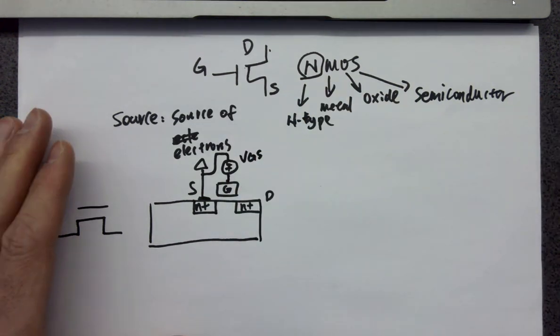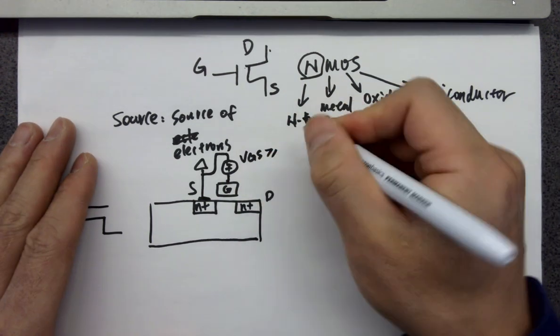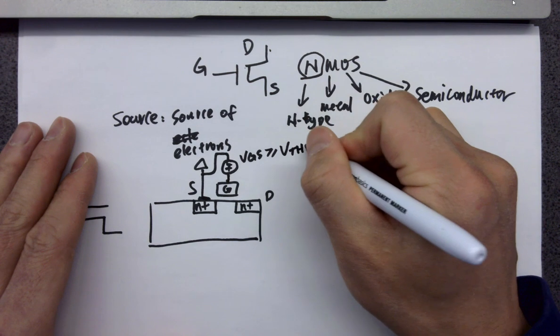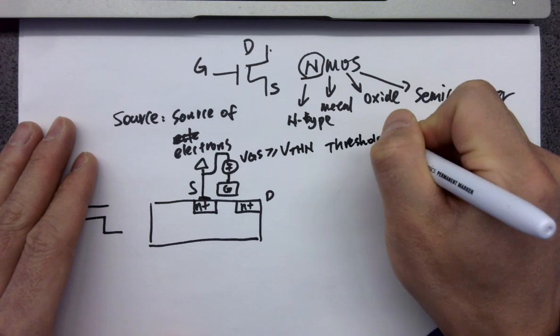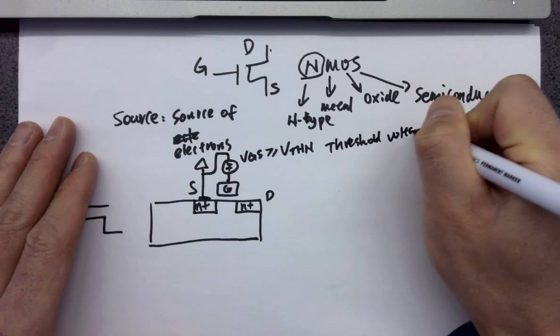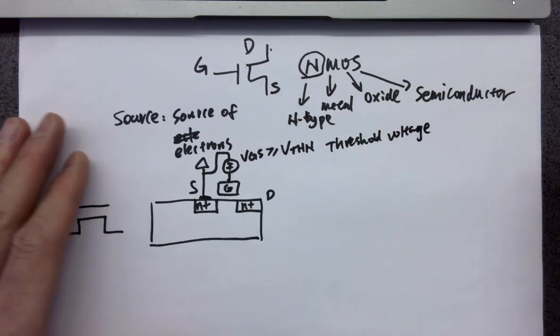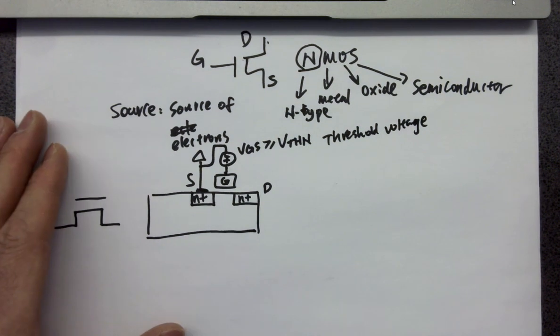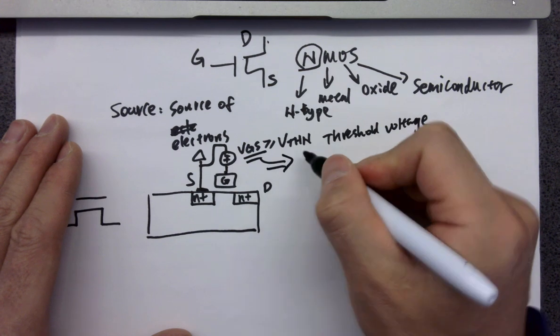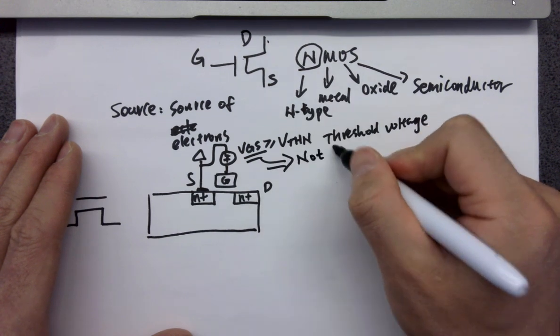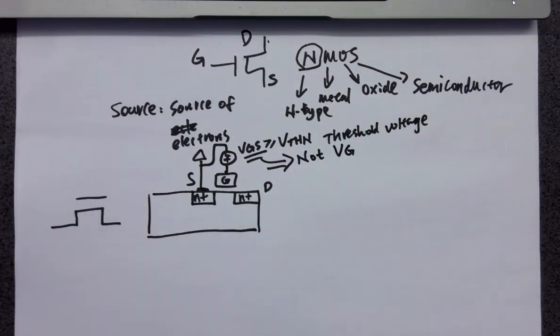Keep in mind, VGS has to be larger than VTHN, which is the threshold voltage, to turn on the NMOS. Keep in mind, it's VGS, not VG. It requires a voltage difference from G to S, not just a VG.